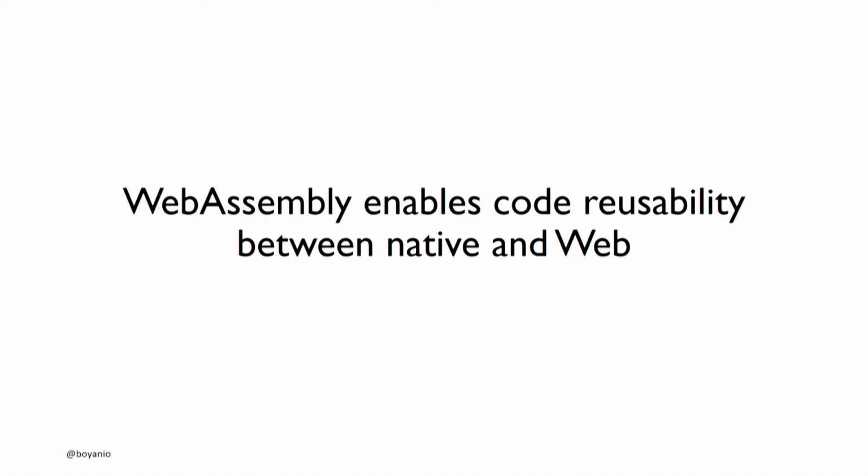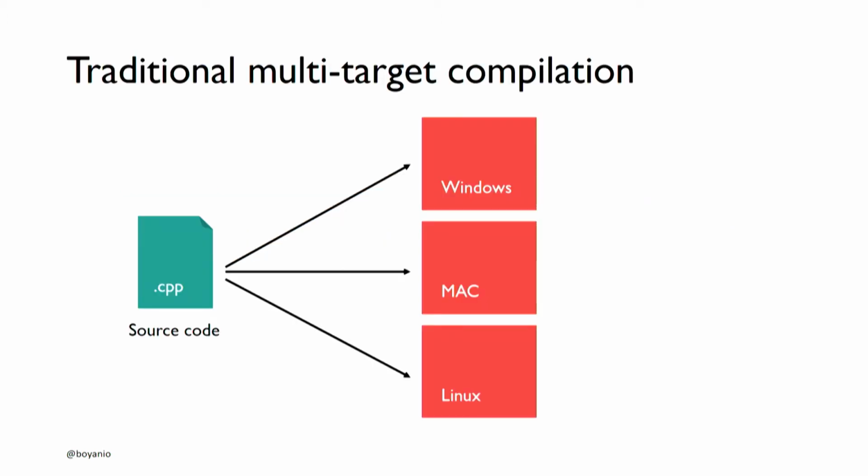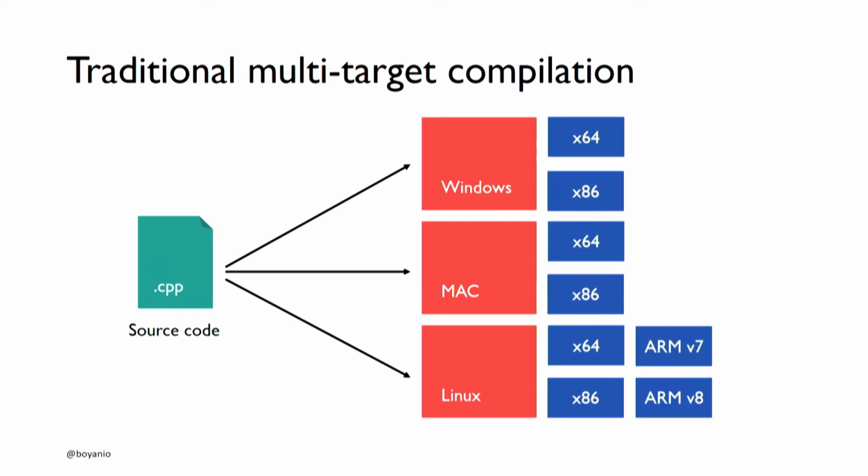WebAssembly is reusing code, and this is happening without the need to do something different. This is part of the virtual machine implemented in your browser. If you take a look at a traditional approach to distributing an app, let's say you are building an app and you want to distribute it for all the operating systems, you have to build a version for, let's say, Windows, Linux, and Mac. But that's not that simple, because we are not only building for an operating system, we are also building for a specific CPU instruction set on that operating system.